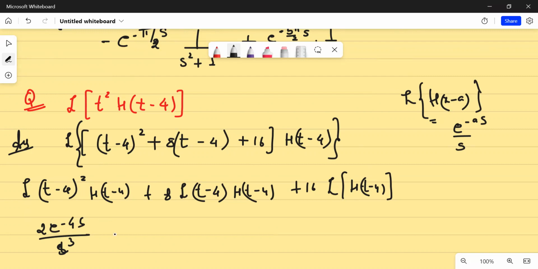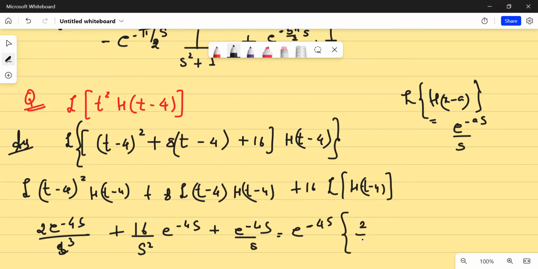Then the Laplace transform of the next term is 8 upon s square times e to the power minus 4s, and then you have e to the power minus 4s divided by s times 16. So you have e to the power of minus 4s times 2 upon s cube plus 8 upon s square plus 16 upon s. Is that right?